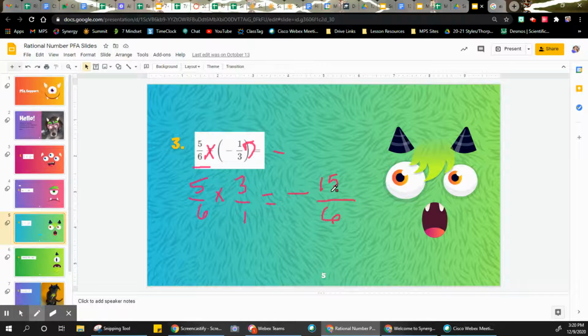Okay, 6 goes into 15 2 times, which is 12. 15 minus 12 is 3/6. So now I've got to simplify it just a little bit more. That's -2, and 3/6 is the same thing as 1/2. So my answer here is -2 and 1/2.